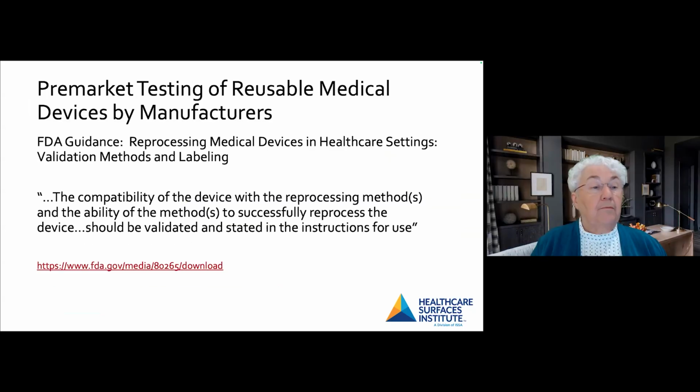Thank you. So pre-market testing of reusable medical devices by manufacturers is covered under the labeling methods. Right in that standard, it says the compatibility of the device with reprocessing methods and the ability of the methods to successfully reprocess the device needs to be validated and stated in the instructions for use.